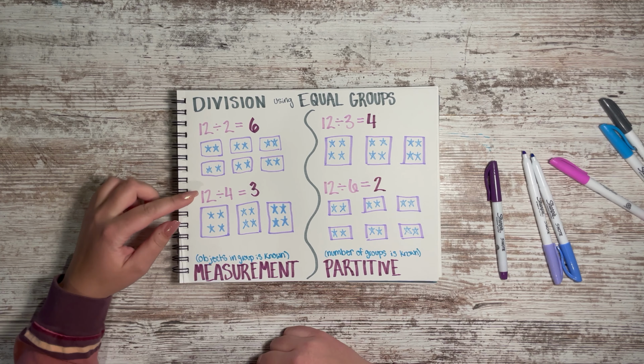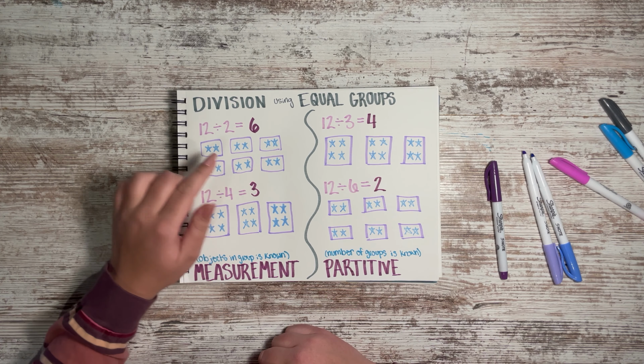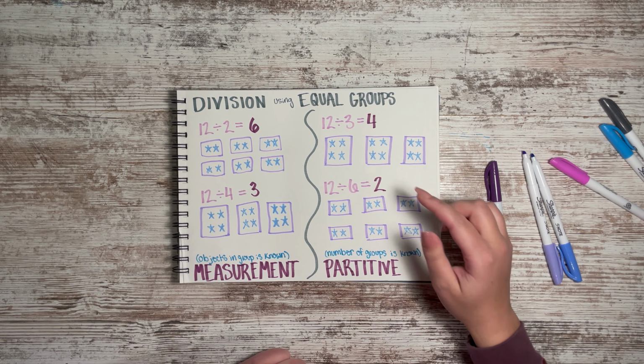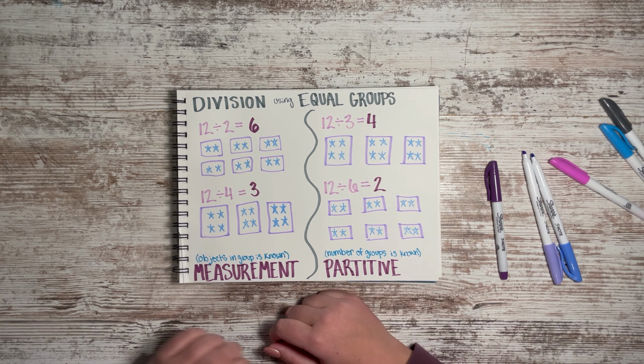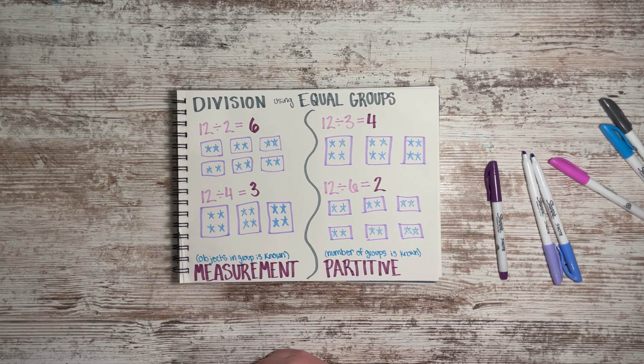And you can either do that by starting with the amount of objects in each group and then figuring out how many groups you have, or you could do it by knowing how many groups you're going to have and adding objects to those groups. I personally like this method, but everyone's different.